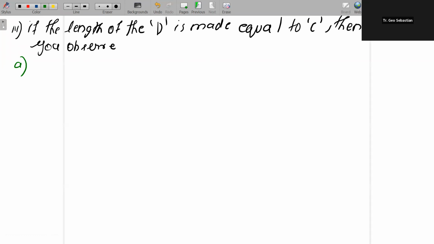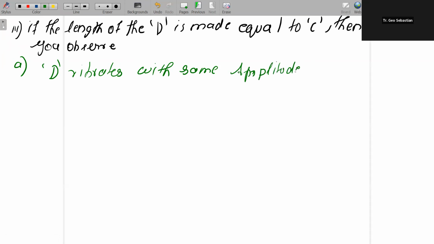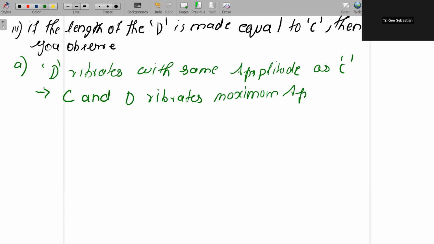D vibrates with the same amplitude as C. One more point I observe: C and D vibrate with maximum amplitude alternatively.